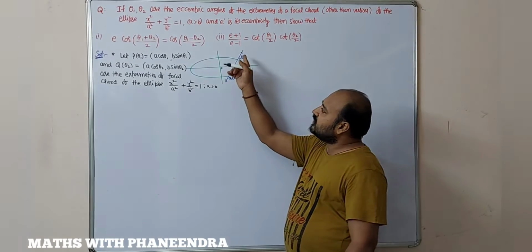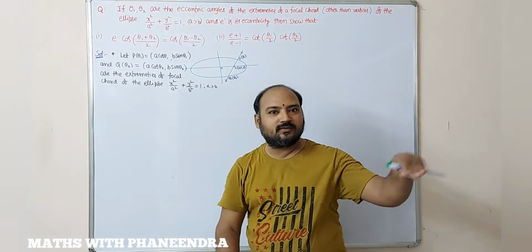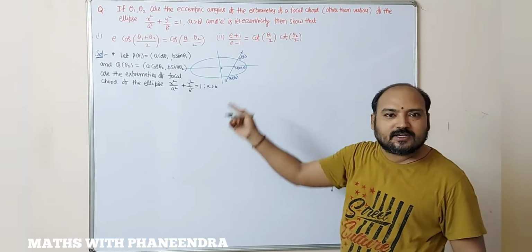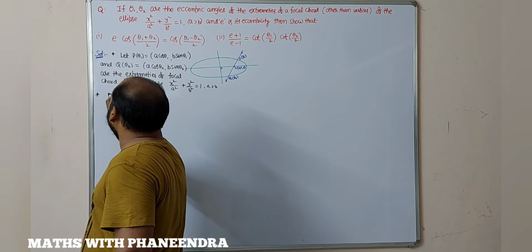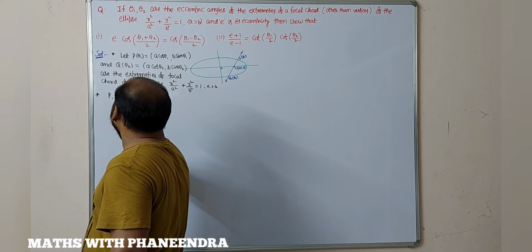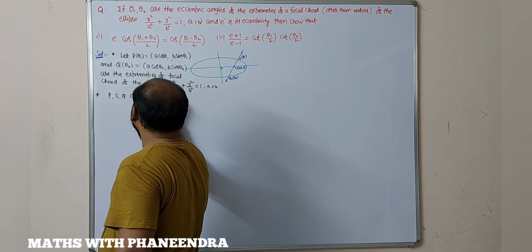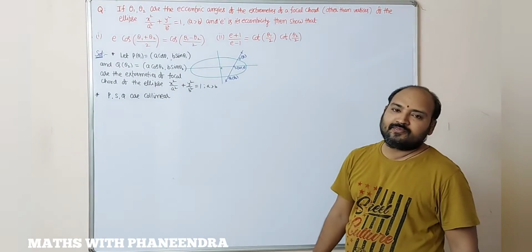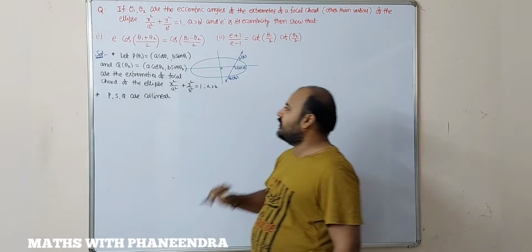By observing the points P, S, Q which are collinear. Why? Because they are lying on the same line. That means focal chord. So second point, P, S, Q are collinear. So whenever the points are collinear, slope of SP is equal to slope of SQ according to the figure.